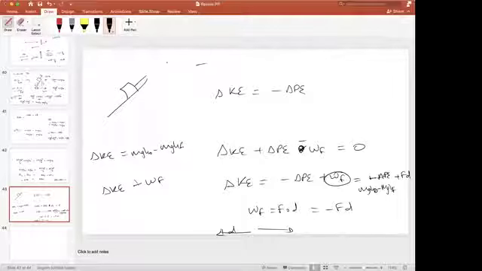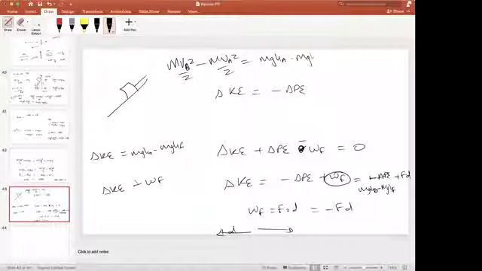What you get on this side is mvB squared over 2 minus mvA squared over 2 is equal to mghA minus mghB, minus, so plus, the work of this force.